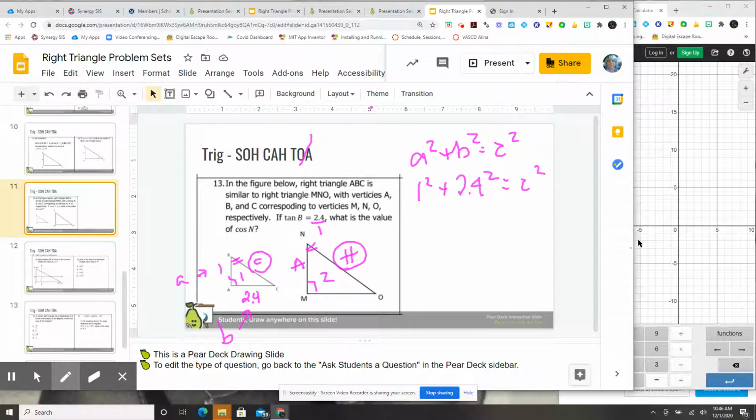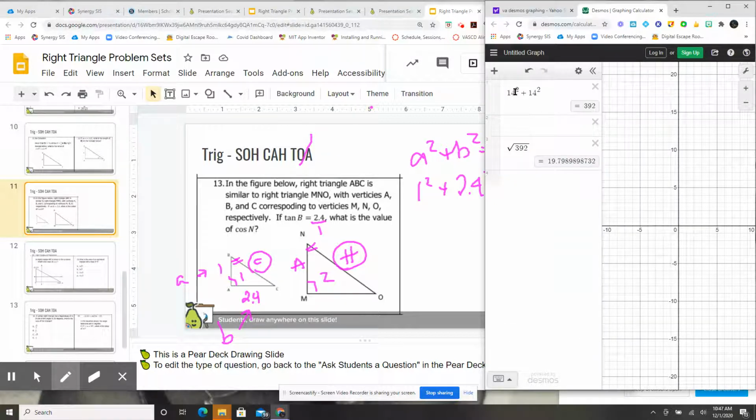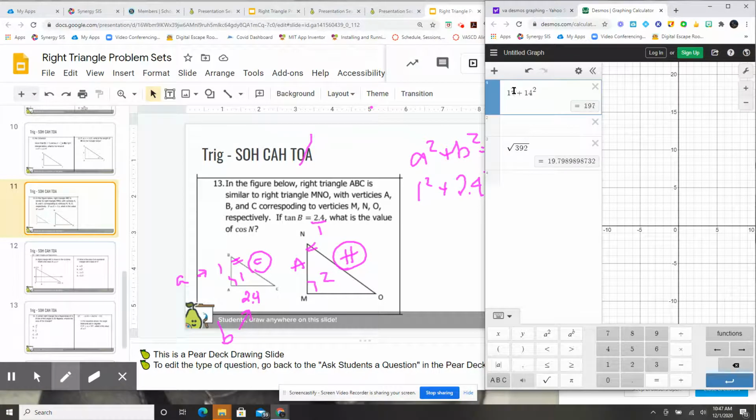So I'll go over to my calculator, handy dandy Desmos. 1 squared plus 2.4 squared is 6.76. And then the square root of 6.76 is going to be 2.6.